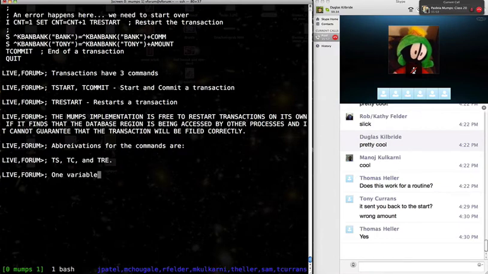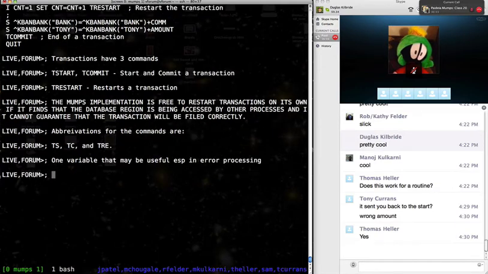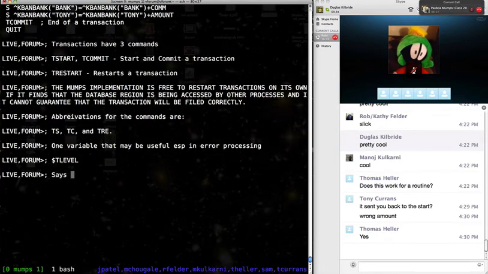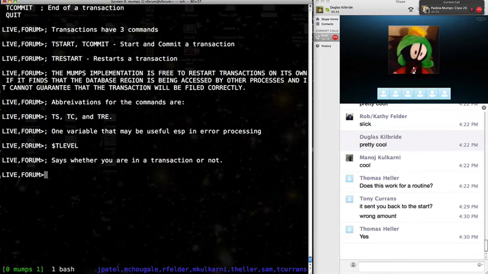There's one variable that may be useful, especially in error processing, and that is $TLEVEL, which says whether you are in a transaction or not. Okay, and let's see what other transaction commands there are. Nope, that's it. That's all of them.